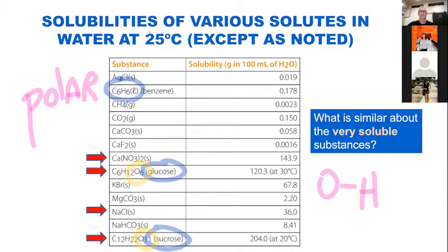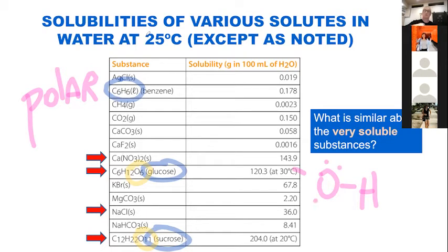So what can glucose and sucrose do as well as dipole-dipole interactions in water? What else is available to them in terms of molecular interactions? Hydrogen bonding. That's right. Glucose and sucrose can hydrogen bond like mad.